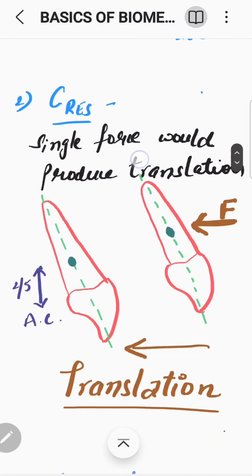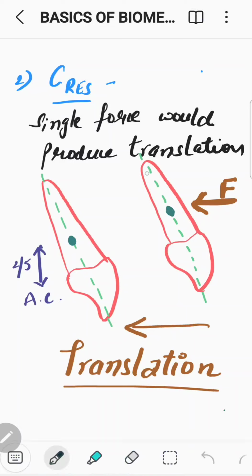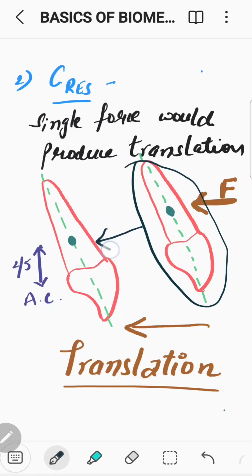Now describing the center of resistance, which is another important topic in biomechanics. The center of resistance is that particular point on the tooth where a single force would produce translation, meaning the whole body is translated or moved to another position.